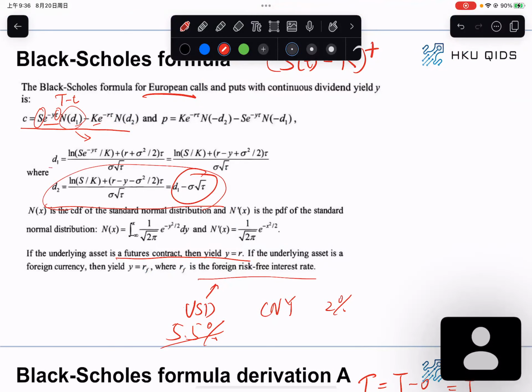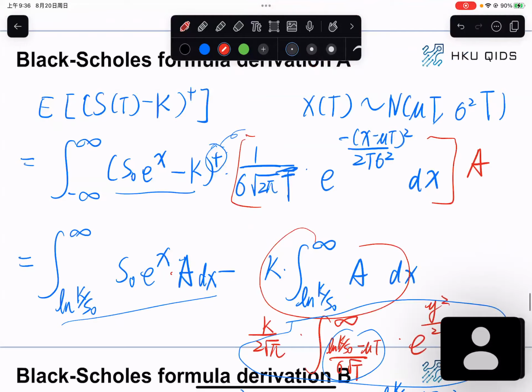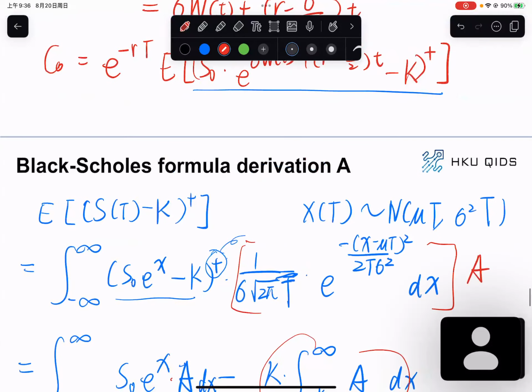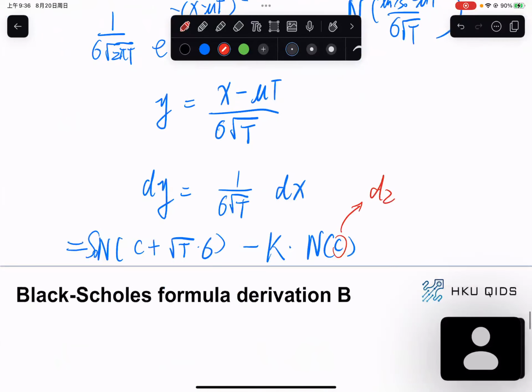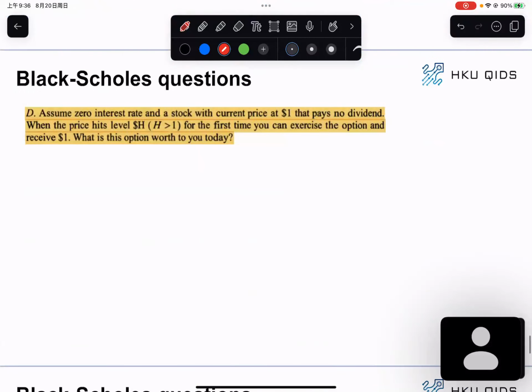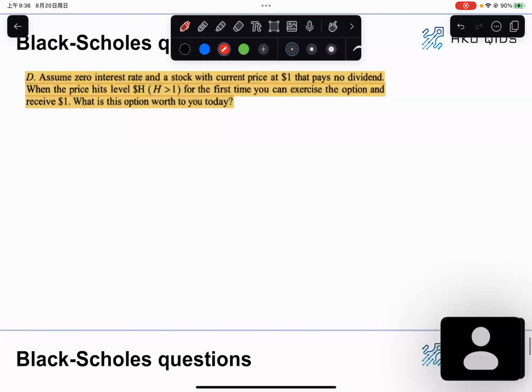And this d1 is just our d2 plus sigma square root tau. Okay, so you get that? We are basically just trying to plug in and do integration and then change the variables to solve out all the equations. And now let's come to the questions.